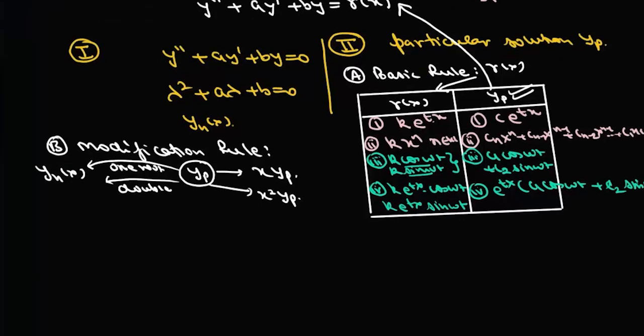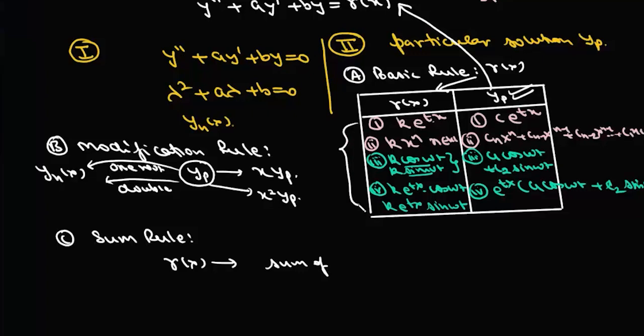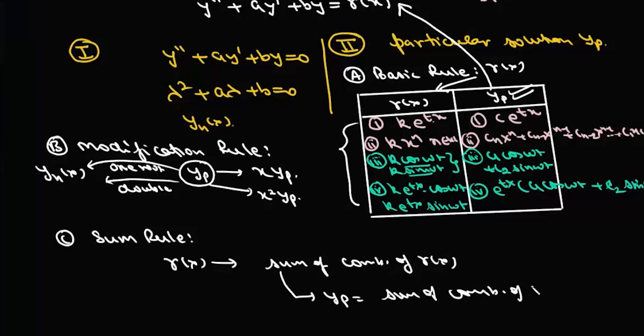And then we have this third rule, which is called the sum rule. Now sum rule says if r(x) is not a simple function, but is a sum of combinations of these functions, then in that case we can choose yp as a sum of combinations of yp's.